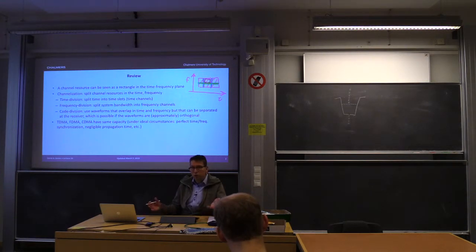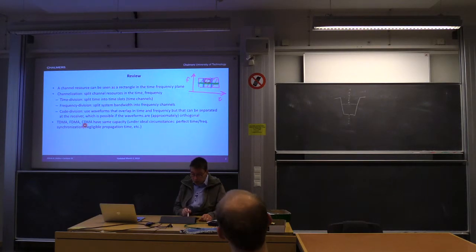But that has to do with propagation delays of the channels, the amount of money you want to put in your filters and so forth. So it's not a clear view there. But what I would like you to remember is that there is no theoretical basis for selecting one or the other if one ignores all these practical aspects.